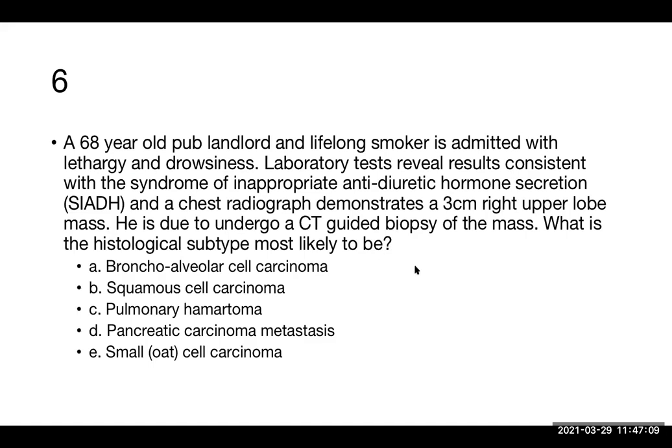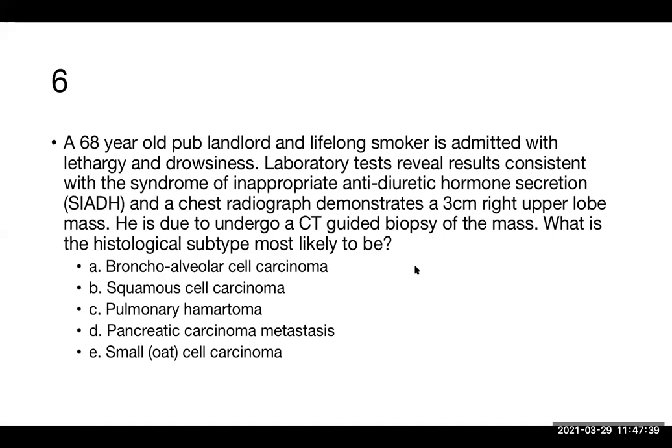Now, according to the textbook, different types are highlighted. Bronchogenic carcinoma can have different types. One is large cell, another is small cell. Small cell or non-small cell you can answer like that, or you can answer straightforward like squamous cell carcinoma, alveolar cell carcinoma or adenocarcinoma.